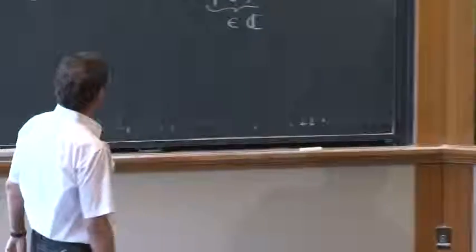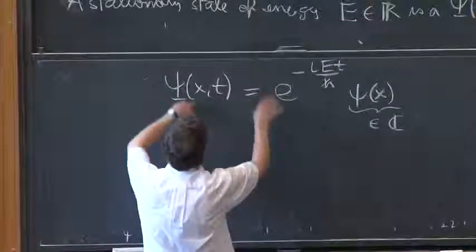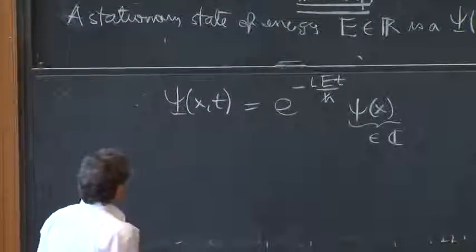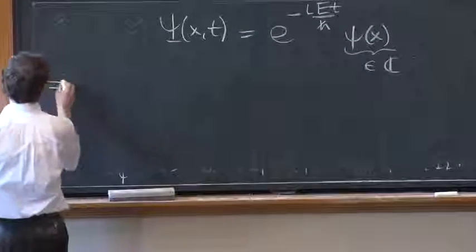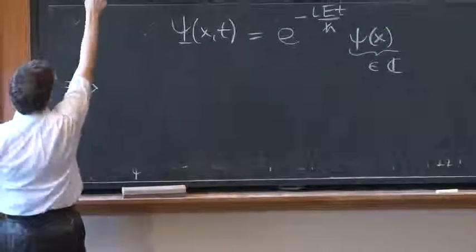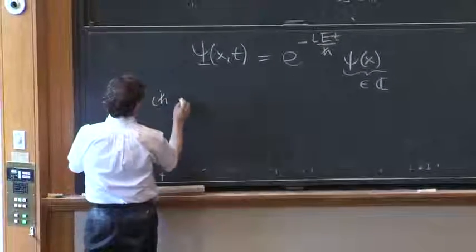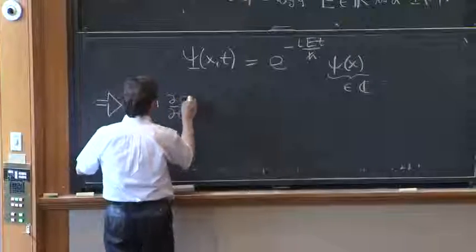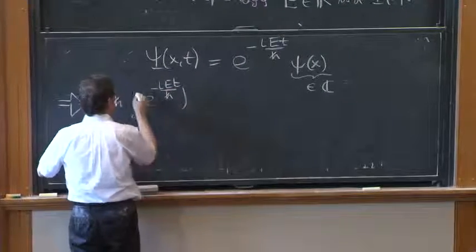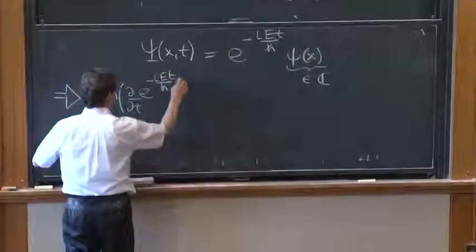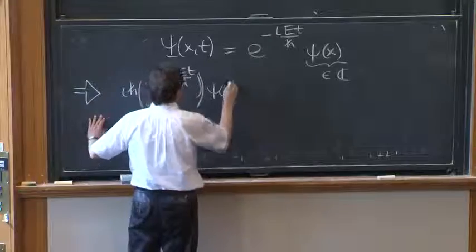So as you know, you're supposed to now plug this into this equation, and it's a famous result, so let's just do it. Plug back into the top equation, so we have i h bar. The d dt will only act on the phase because the psi has no time dependence.